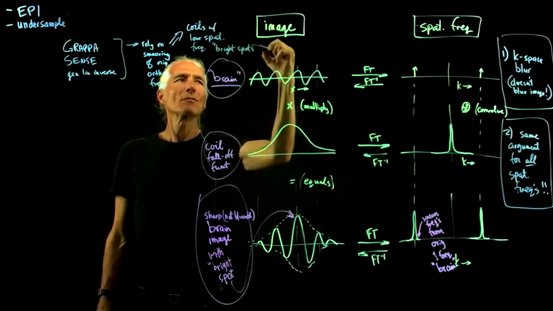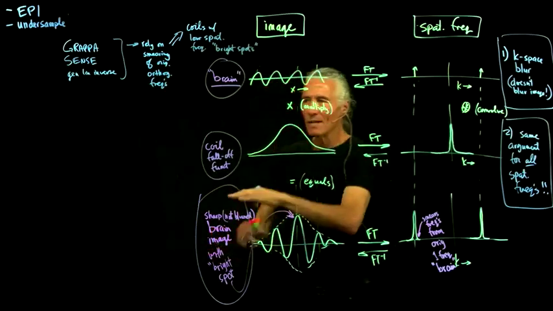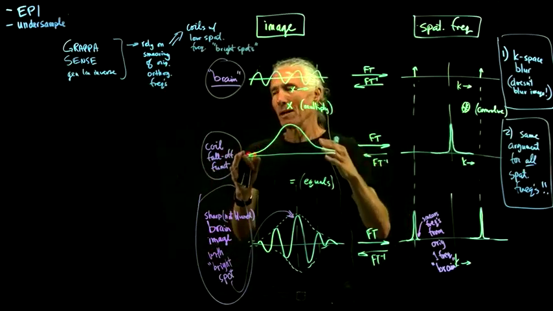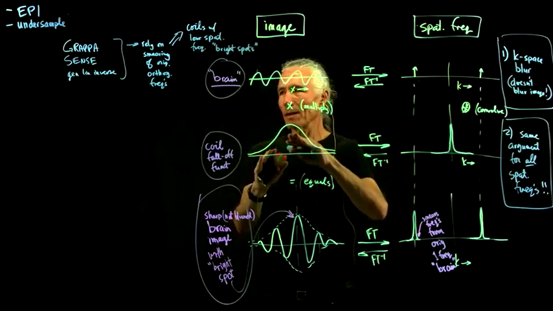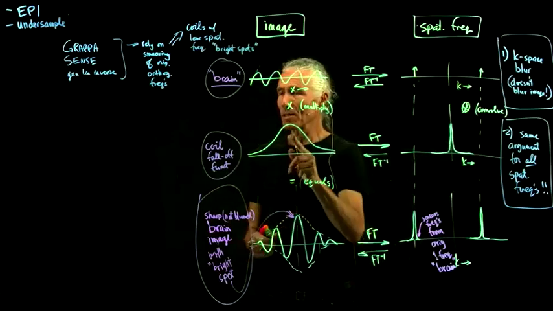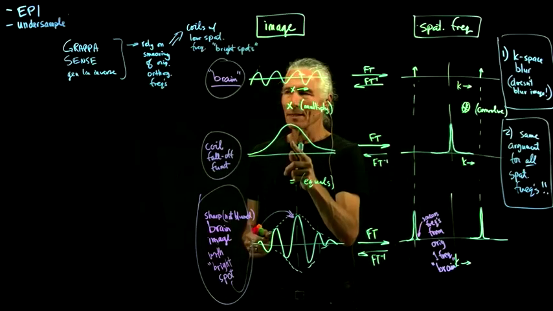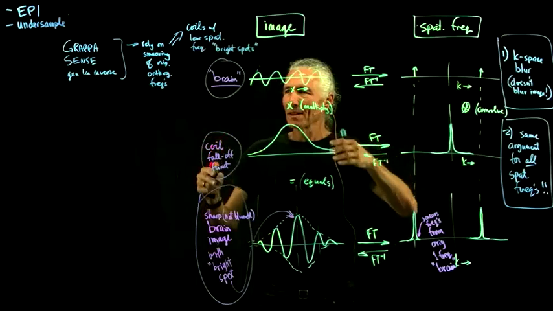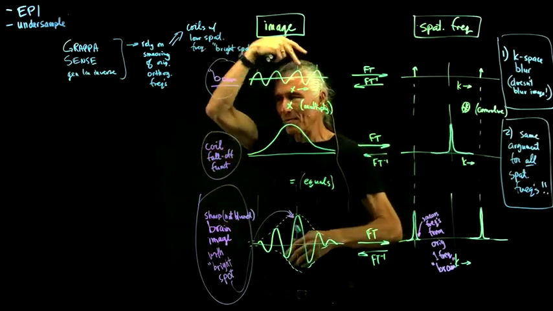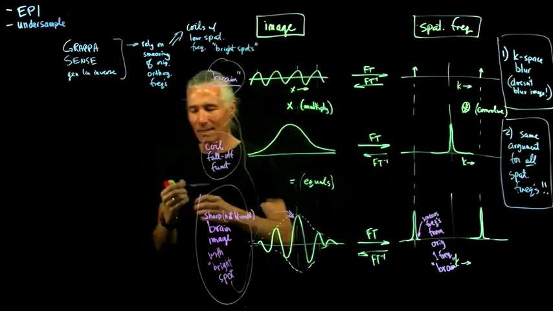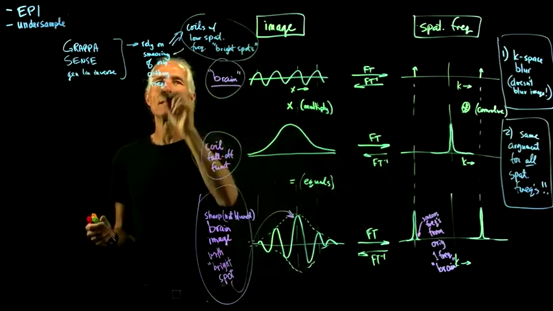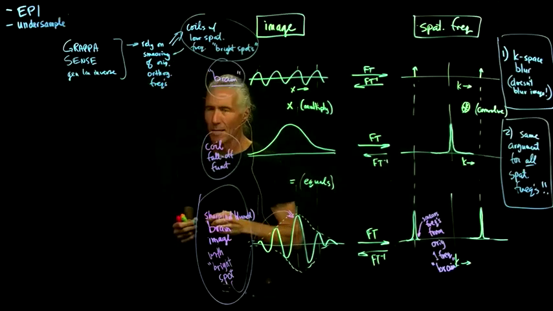All you need is coils that don't record uniformly from the entire brain, and have a little bit of a bright spot. It doesn't have to be a sharp bright spot. In fact, it's not good if it's a real sharp bright spot. It's better if it's a very gentle bright spot, like a little more from here versus a little more from here. So that's what's actually causing this smearing to happen.